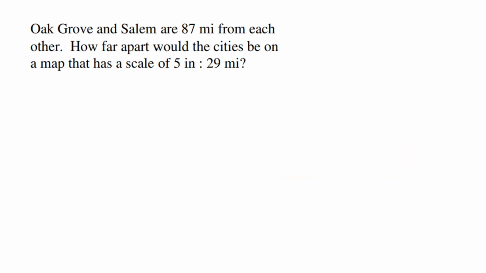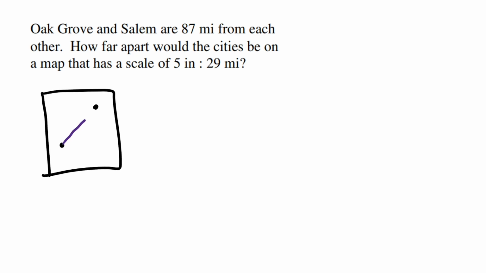Oak Grove and Salem are 87 miles from each other. How far apart would the cities be on a map that has a scale of 5 inches for every 29 miles? So in real life, they're 87 miles from each other. So we want to see what that looks like on a map. So let's use our scale factor. We have 87 miles.